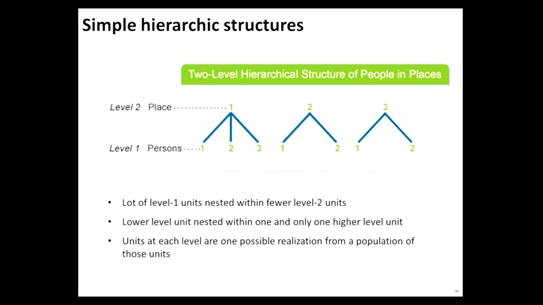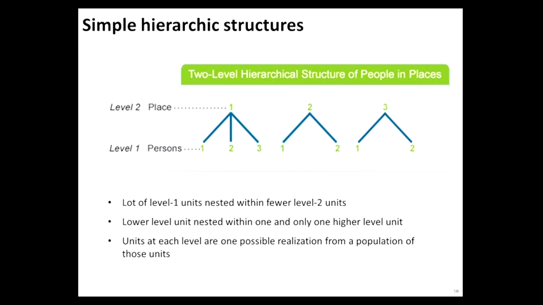In general, in multi-level models, we view that there are 2 units of analysis here: people at level 1 and places at level 2. The expectation is that those 3 places or 30 places that you may have in your sample are one realization from the population of places that's possible.